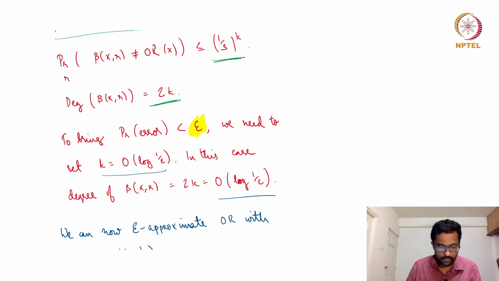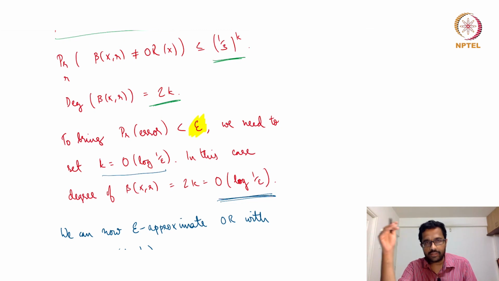And the degree of beta is just twice k, which means the degree of beta also should be order log 1 by epsilon. So if you want an epsilon approximation, you take degree order log 1 by epsilon, which is still okay. Epsilon is some constant, so it is still not dependent on n.